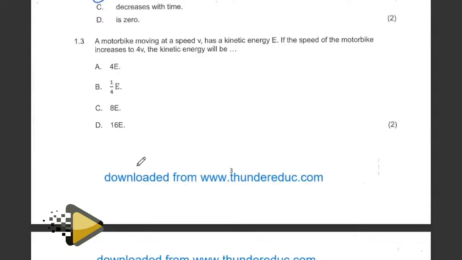Then 1.3, a motorbike that's moving at a speed of V has kinetic energy, which is E. If the speed of the motorbike increases to 4V, the kinetic energy will be, from the formula of kinetic energy, EK is a half mv squared. That will be a half multiplied by m multiplied by 4v, squared. I simplify this, I'll have a half m times 16v squared.